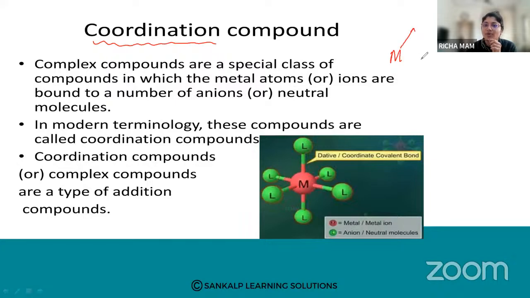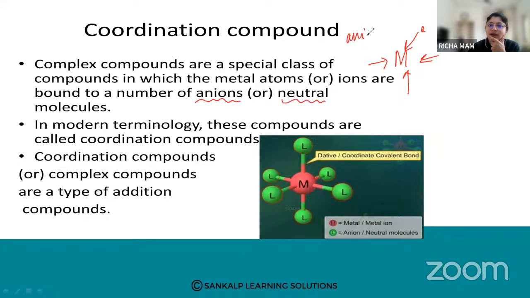So what are they bonded to? Centrally a metal will be there, in the center, and this central metal will be bonded by ligands. Now they have told you anions or neutral molecules.